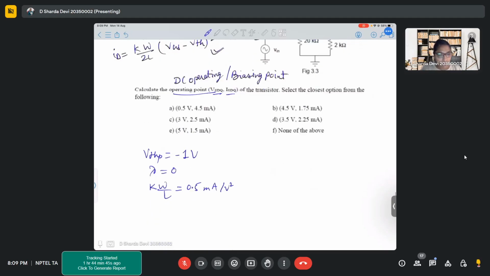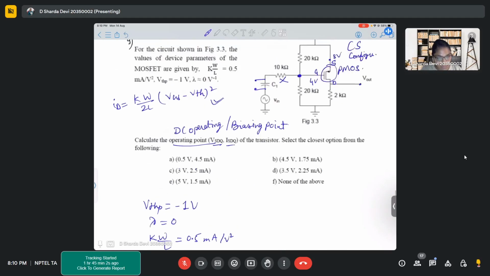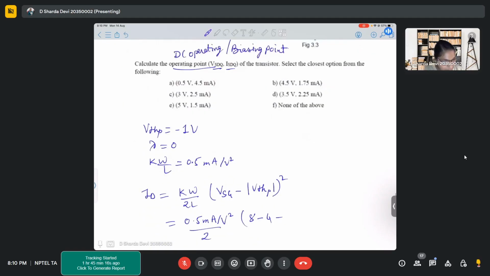Now ID for a PMOS is kW by 2L times (VSG minus VTHP) whole square. So this is 0.5 milliamps per volt square into 1 by 2 into (VSG, 8 minus 4, minus VTH, which is minus 1) whole square.